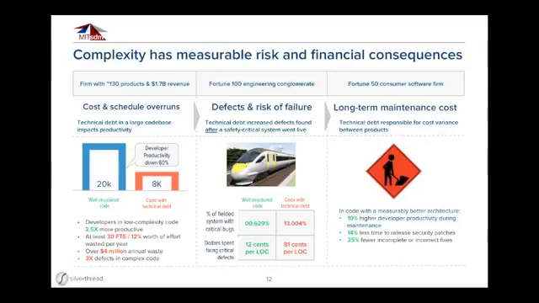On the panel on the right, this is a third commercial firm that we have worked with. And again, we're scanning their code bases and measuring architectural properties and where they've broken down, and found that when you look between products with different levels of complexity, the organization with a less complex code base was 10% higher developer productivity during maintenance activities, 14% less time to release security patches, 25% fewer incomplete or incorrect fixes.